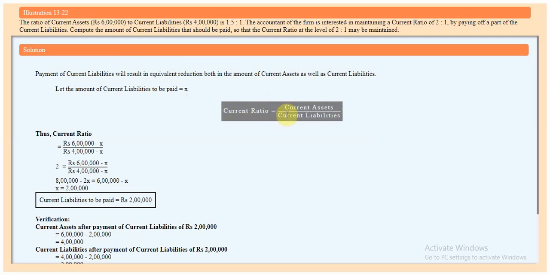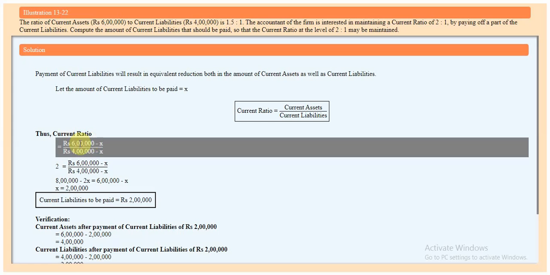Current ratio, we know, is current assets by current liabilities. So current ratio will be 6 lakh, they have already given in the question, current assets is 6 lakh minus X divided by 4 lakh minus X. This will be the ratio that the accountant wants, which is 2:1.